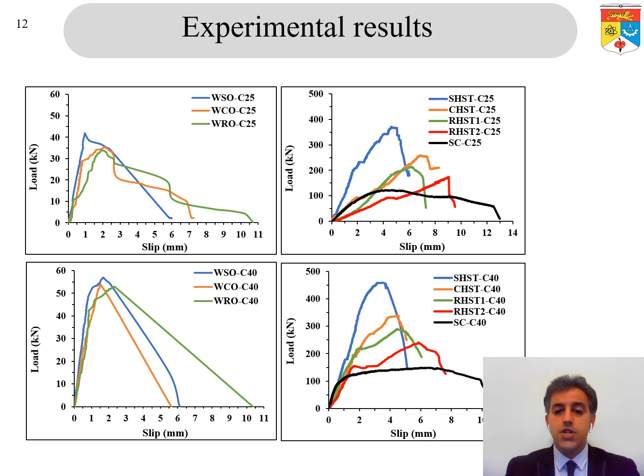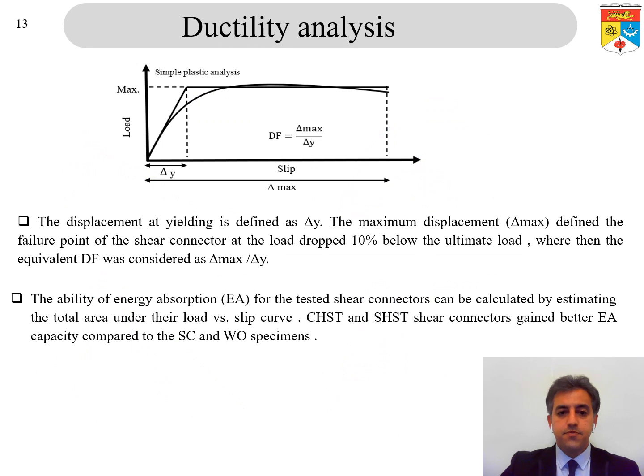The shear stud connector records the larger slip, whereas its shear load was lower than all types of the hollow steel tube shear connectors.